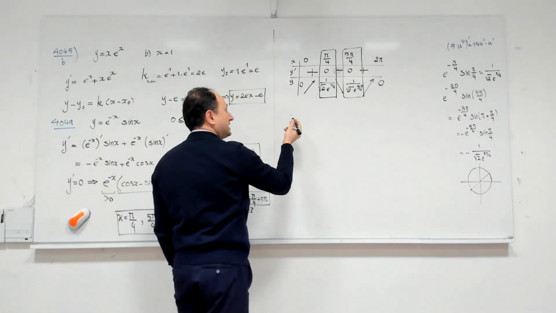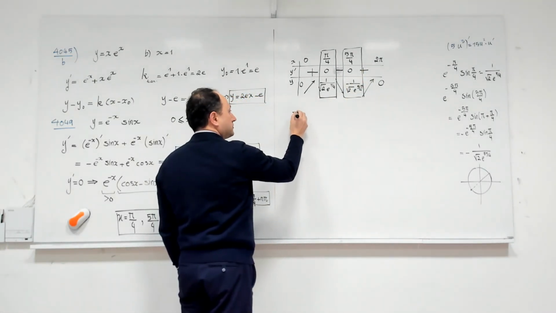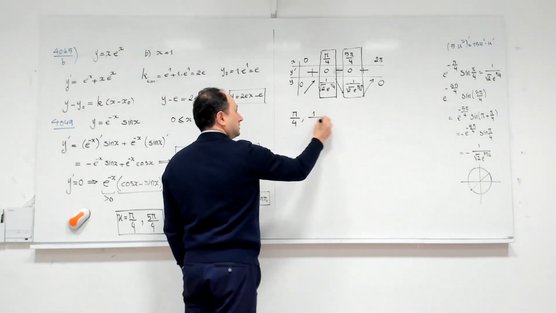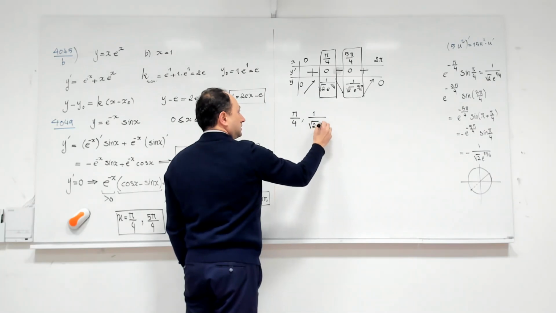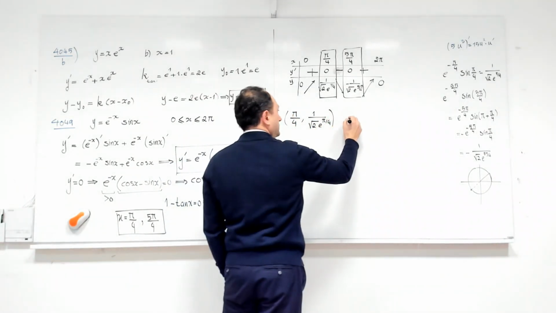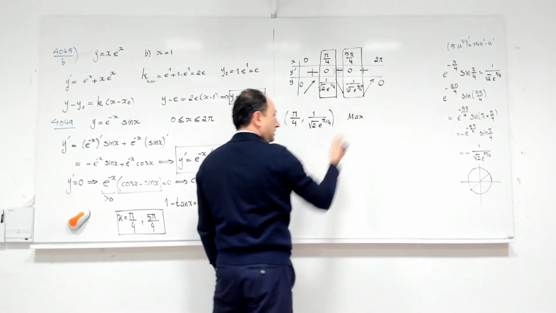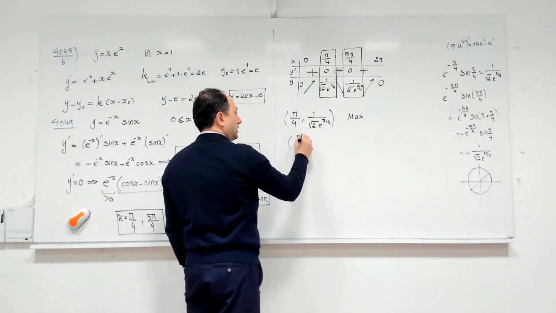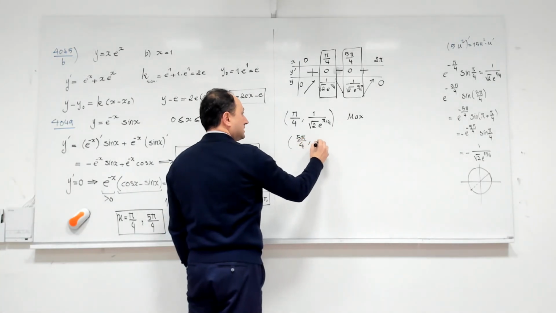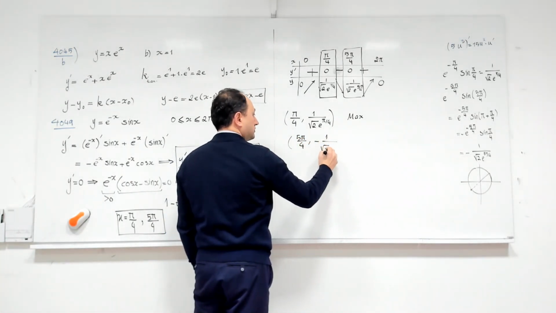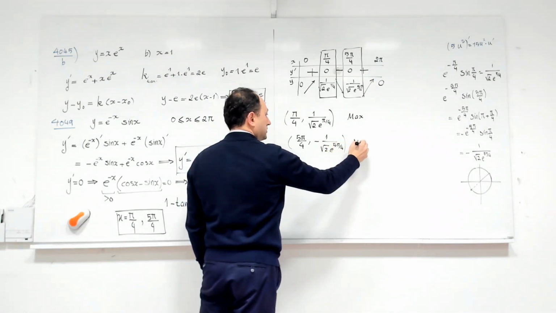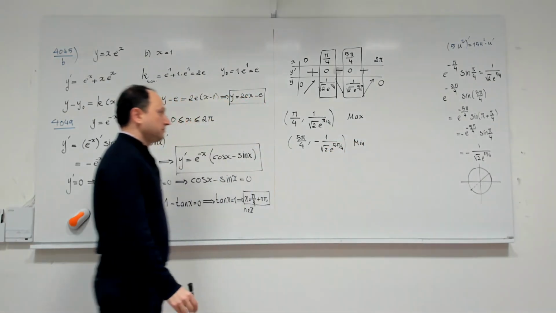So I would say that there are two extreme points for this function: 5 pi over 4 and this number is the local maximum point, and then you have 5 pi over 4 and negative 1 over square root of 2e to the power of 5 pi over 4 as your local minimum point.